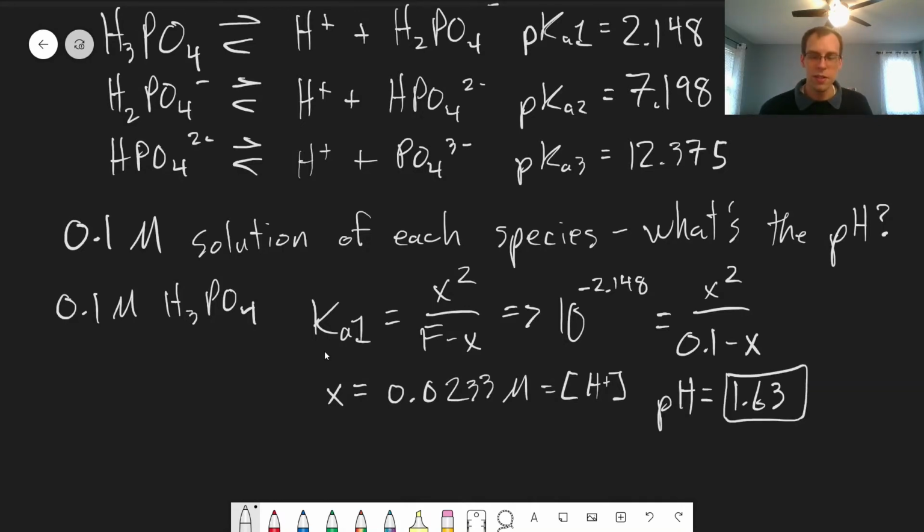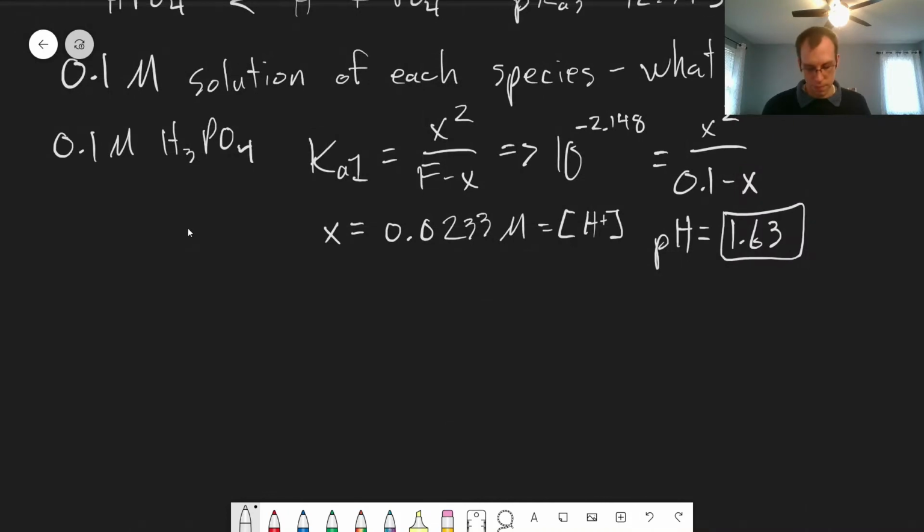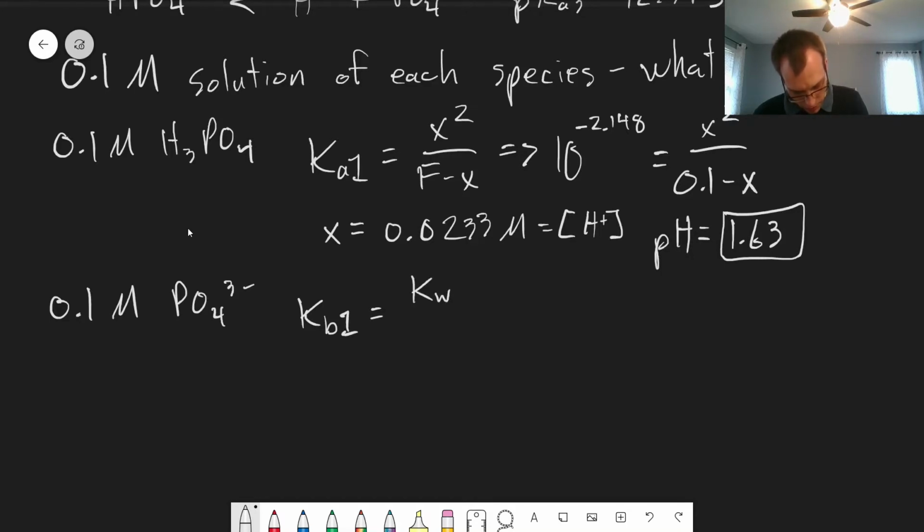All right, and so this is just using the same approach that we use for any other weak acid, for a monoprotic weak acid. Next, we can consider 0.1 molar phosphate. We'll do the other one that's like a monoprotic system. Here now we use Kb1, which is equal to Kw over Ka3.